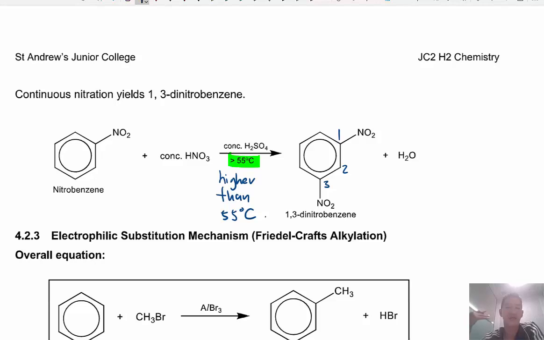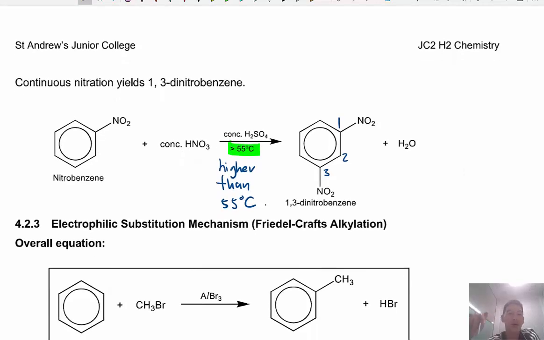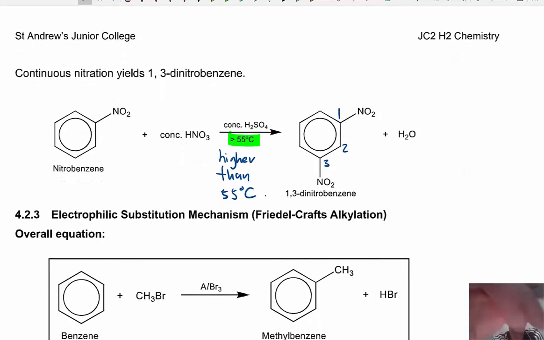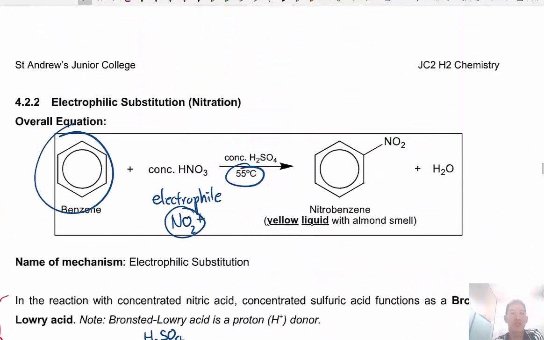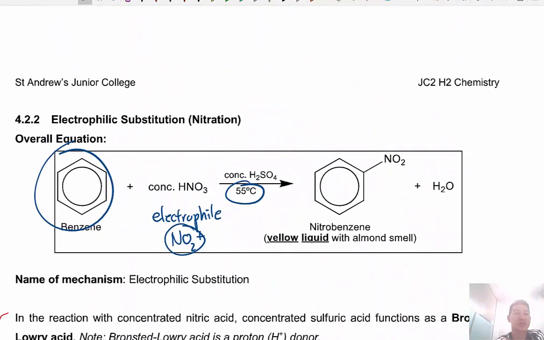For a lot of these substitution reactions in organic chem, usually we will just ask you to stop at the first substitution. You don't need to keep on giving all the extras. So look at the context carefully, and usually we only ask for a single substitution. Now you realize that when you do it this way, this is the overall reaction.